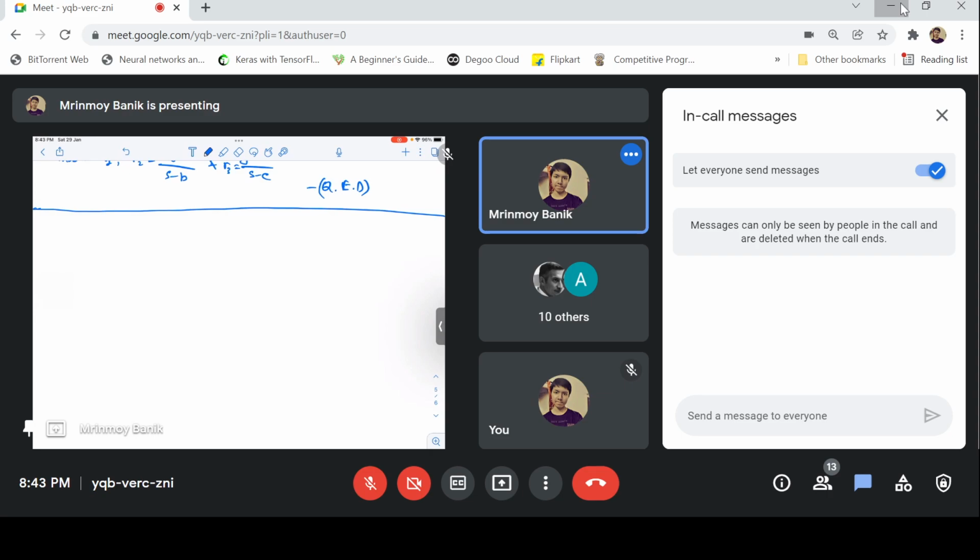So what is C2I? We know C2I is R minus R2.